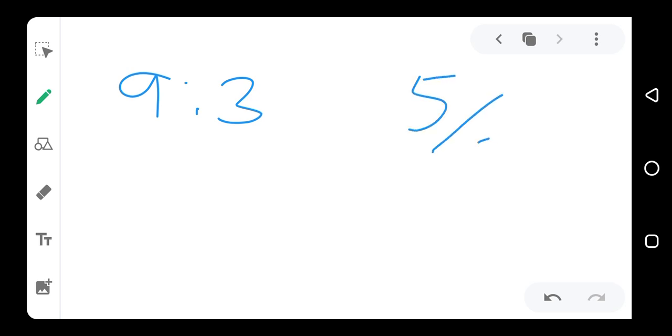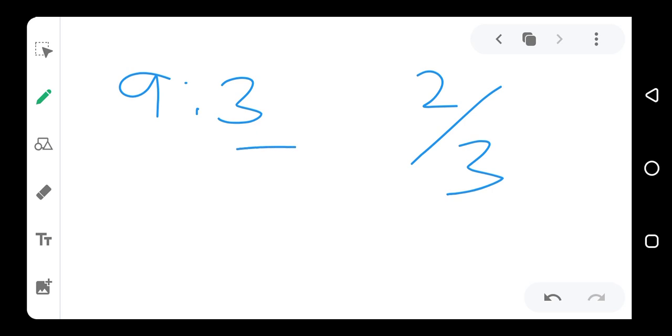Example 2. If we have a ratio a to 3 is equal to 2 over 3, now we should find the value of a.